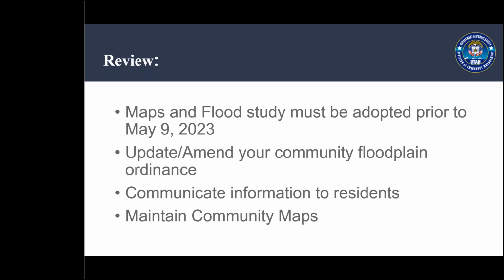So it's important to keep your community informed of these changes so that you can work together on a timing when you can get these ordinances updated, get them to your community council, getting them approved. And then if you've got that 30-day public notice period, you need to make sure that's all built into your time frame to make sure you get everything done by that May 9th date.